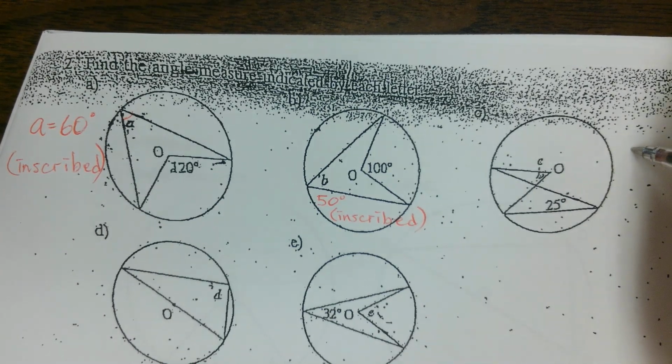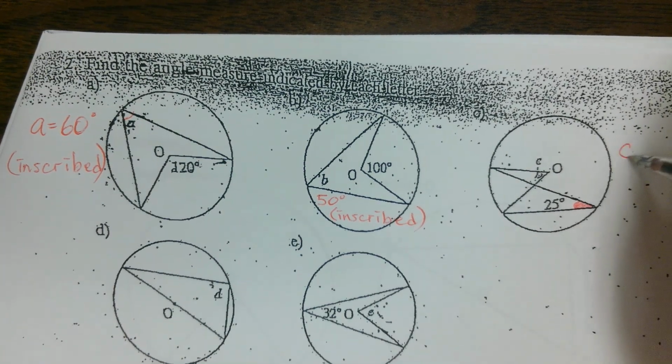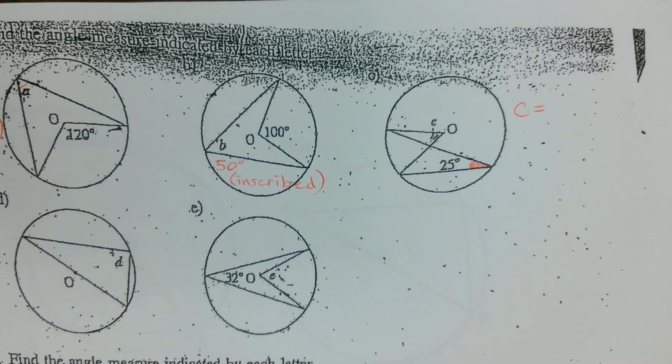Okay, C. What is C? Oh, by the way, this is 25 right here, okay? Who says it's 25? Who says it's 50? I'll give you guys another 10 seconds to think about it. It's either 25 or 50. Think about it. Okay.